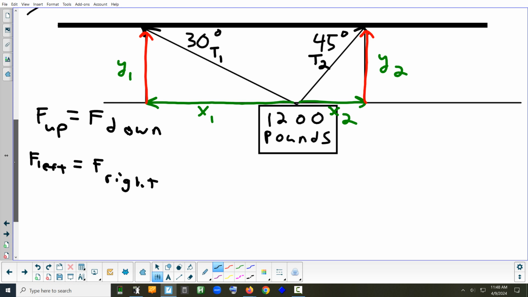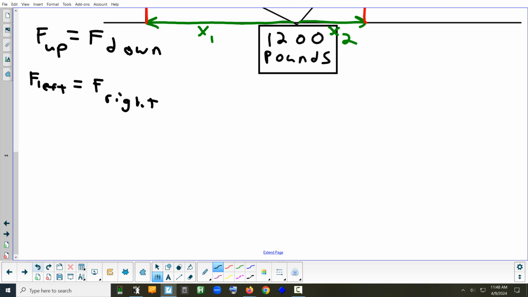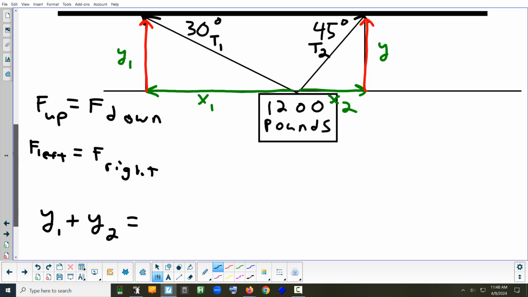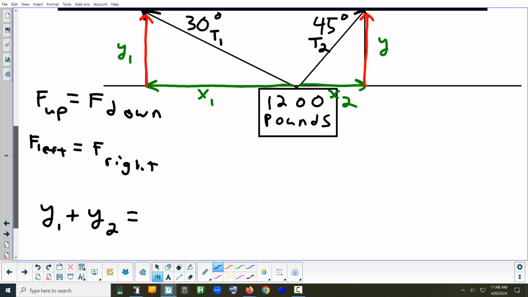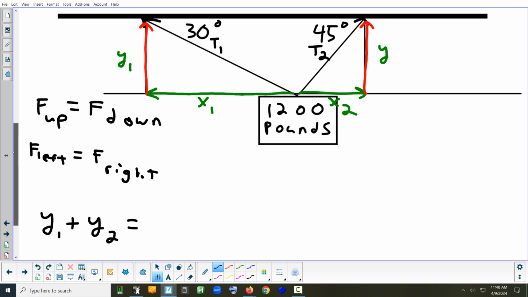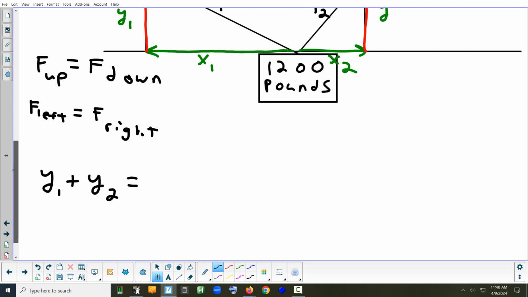Well, using the notation we have up here, Y1 plus Y2. Okay, maybe you could make it 2Y. I just have to think about it. I mean, it should work. All right, so we've got the two forces pulling up, and that's equal to the force down. What's the force down in this problem? 1,200 pounds. Yep.